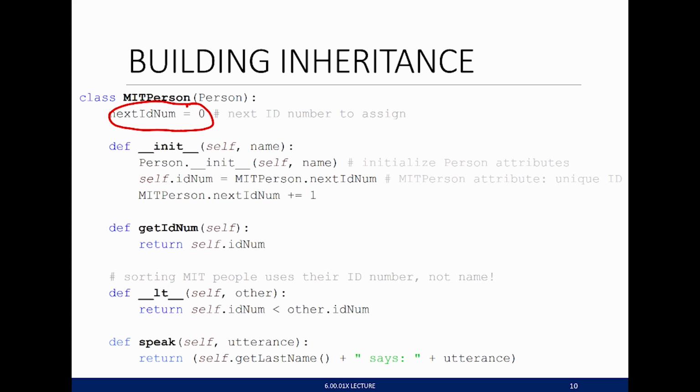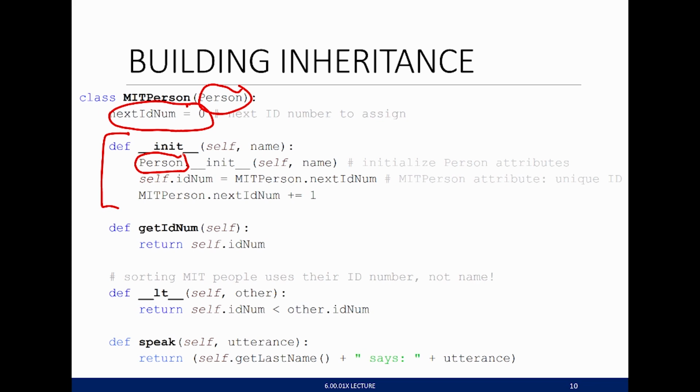Even though MIT person is a kind of person, I'm going to build an initializer, something that creates instances for this class as well. But the interesting thing here is I'm going to use the underlying person method to also create the instance. So when I call MIT person, it's going to create an instance, but it's going to call the person class initialization method to initialize the same kinds of things, the name, and as a consequence, it'll set up a birth date in case I want to use that.